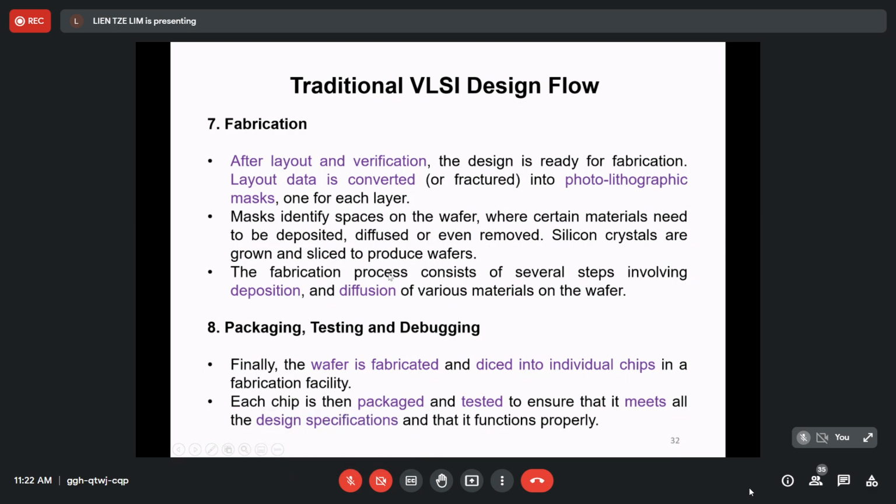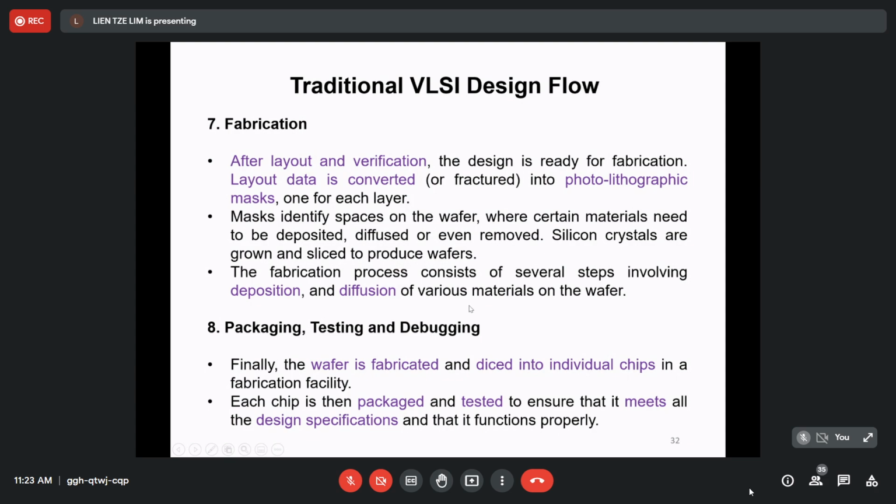Silicon crystals are grown and sliced to produce wafers. The fabrication process consists of several steps involving depositions and diffusions of various materials on a wafer. So this is about the fabrication. In the next chapter, chapter 2, I will elaborate more on the fabrication process of an IC.